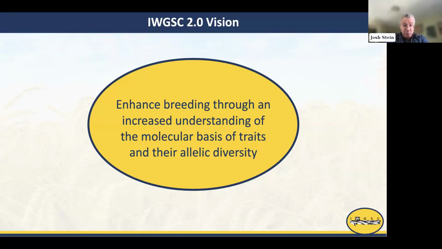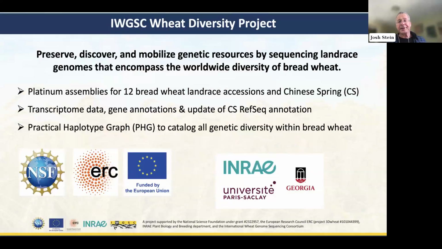We are now undertaking a wheat diversity project with the vision to enhance breeding through an increased understanding of the molecular basis of traits and their allelic diversity. Starting this January, we initiated a 2-year funded project, a collaboration with funding from the US and European Union, to assemble platinum assemblies for 12 bred wheat landrace accessions and a renewed Chinese Spring sequence.